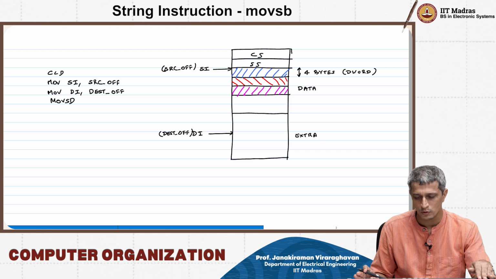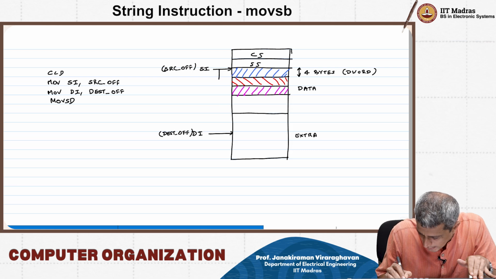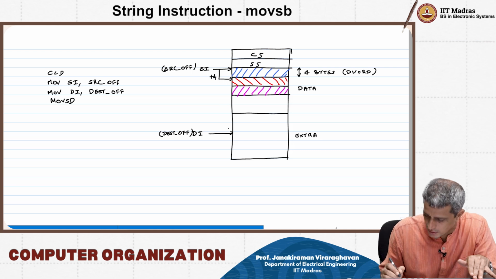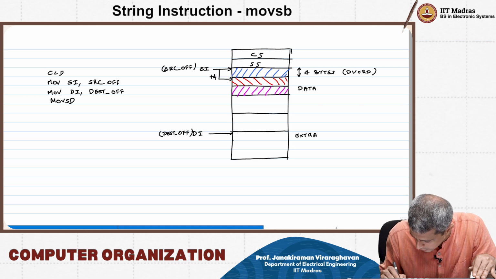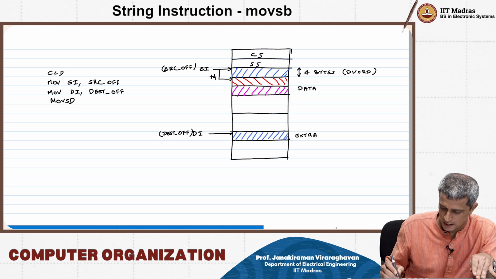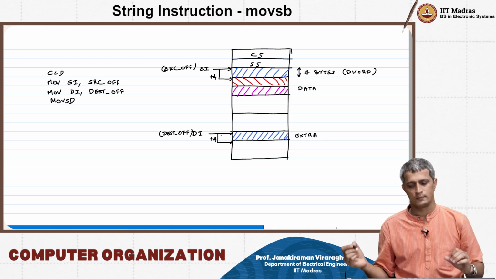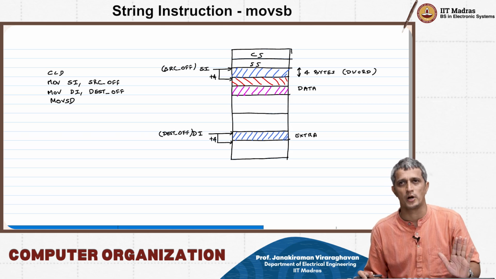So, if I execute MOVSD, what will happen? First of all, the data from the source index location will get copied onto the destination index location like this, okay? And then my source index will increment by 4 and my destination index register will also increment by 4. This is what happens after one MOVSD instruction is executed, right?